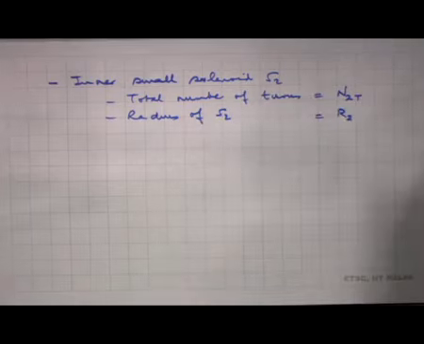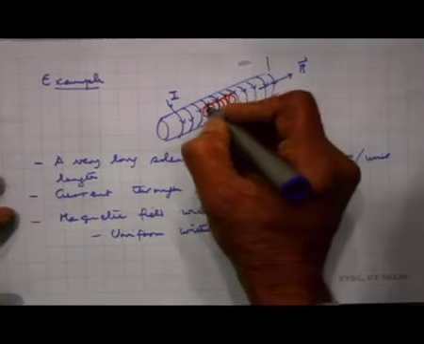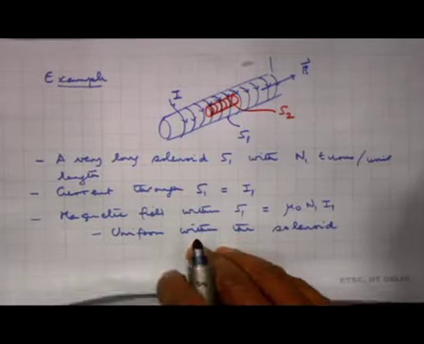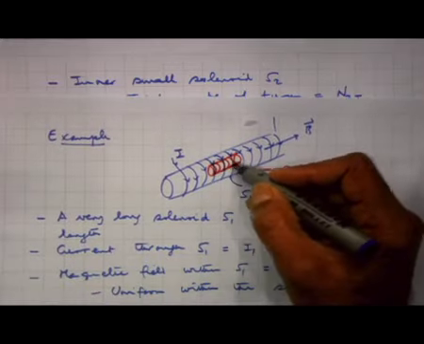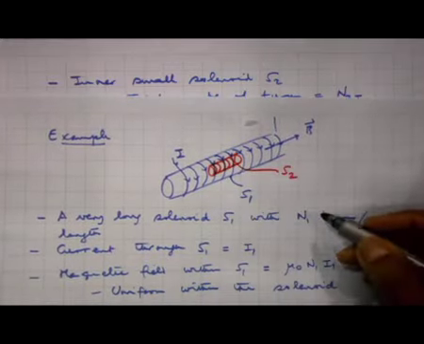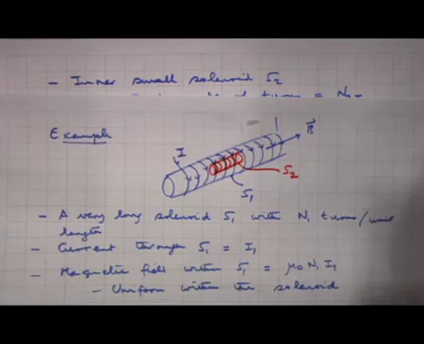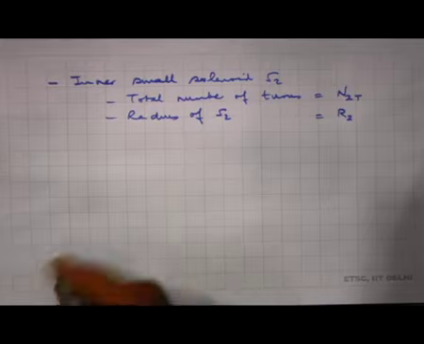So, R2 is the radius of the inner solenoid, and it is carrying a total number of turns N2T, which is equal to the number of turns per unit length of the inner solenoid multiplied by the length of the solenoid. I would need only the total number of turns in this inner solenoid, so I am just calling it N2T.